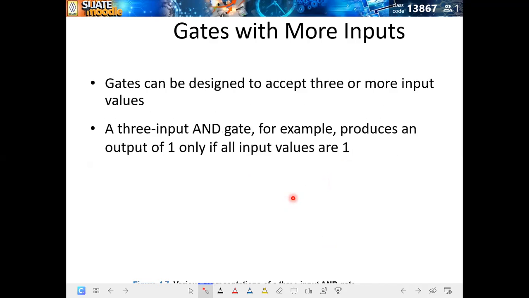Then gates with more inputs, right? In the previous lesson, we talked about the 3 input AND gate. Can you remember that when we want to get 3 conditions? For example, when you are going to select a bride, right?